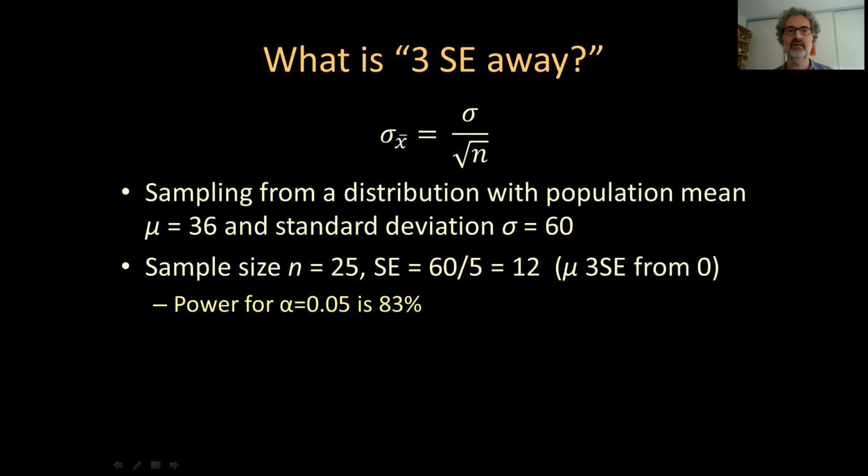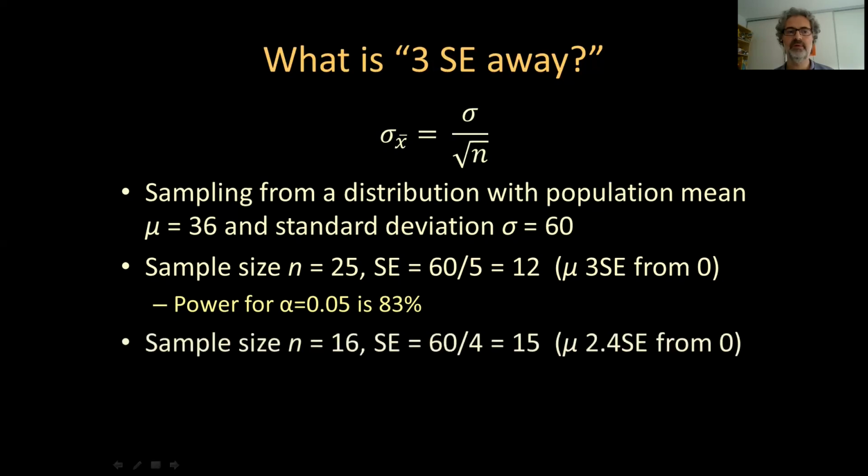The point here is that if the true mean is 3 standard errors away, then 83% of the time you will be able to meet the criterion of less than 0.05 and thereby reject the null hypothesis.